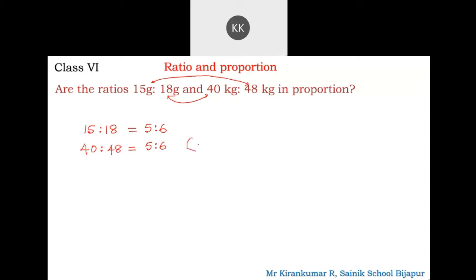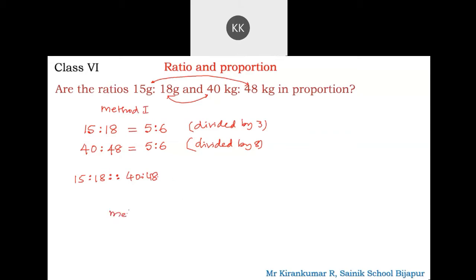In this case, it is equal. 15 is to 18 is proportional to 40 is to 48. This is method 1.